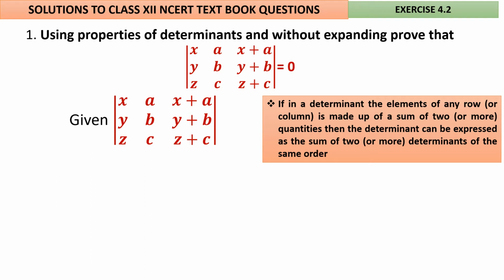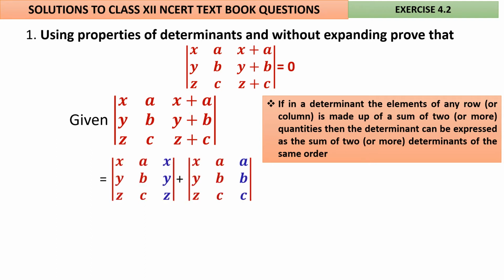You can split it into two determinants by taking x, y, z in the first determinant and a, b, c in the second determinant. I think we have already explained it. Can you see the first and the second determinant now? In the first determinant, the first column and the third column are identical. In the second one, the second column and the third column are identical.